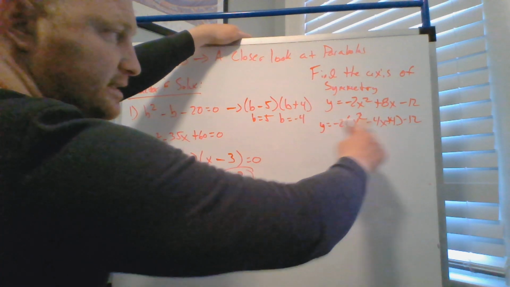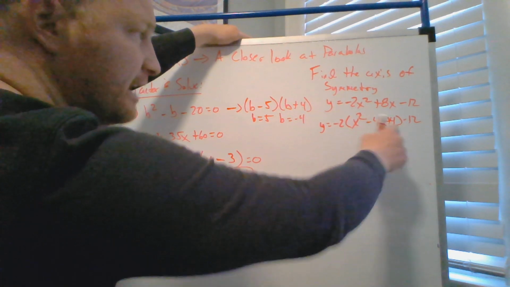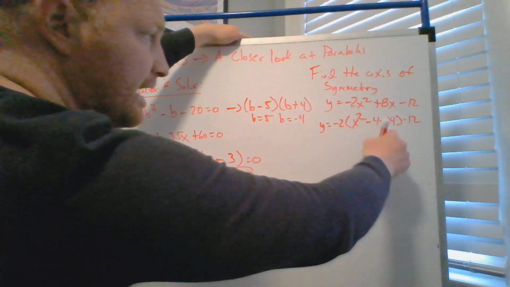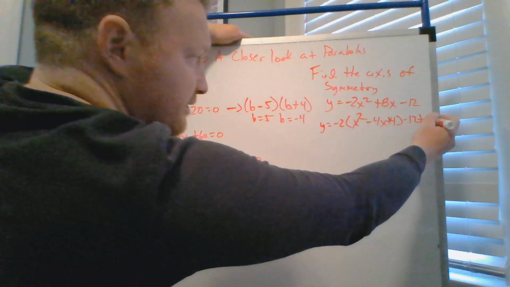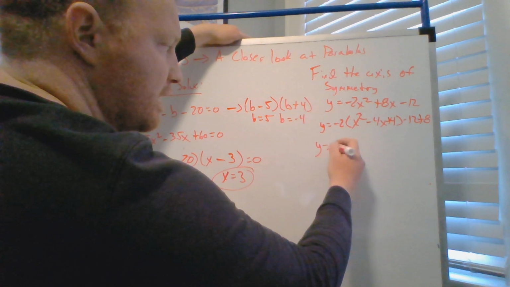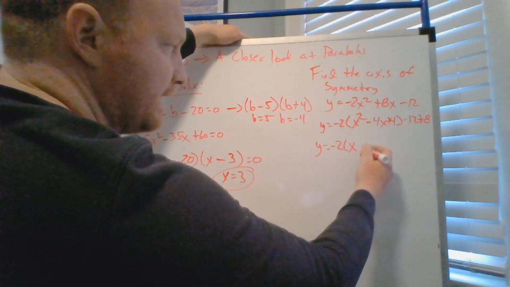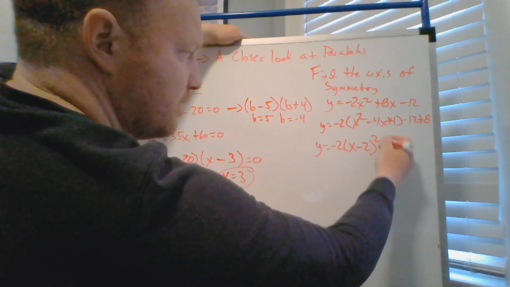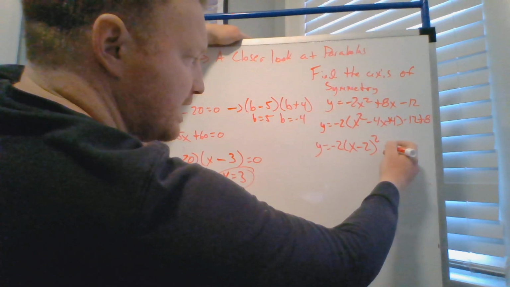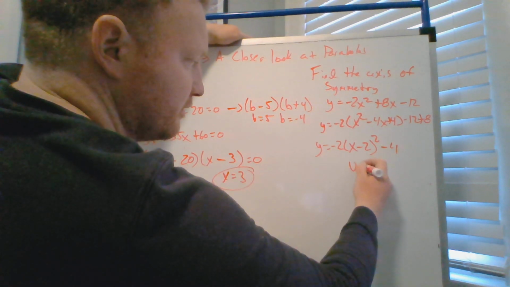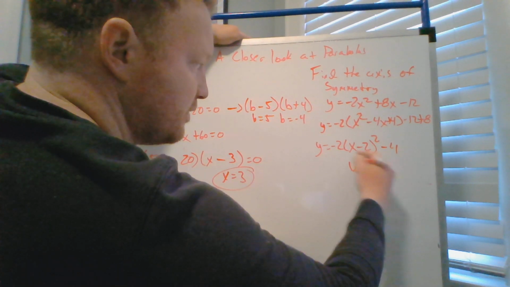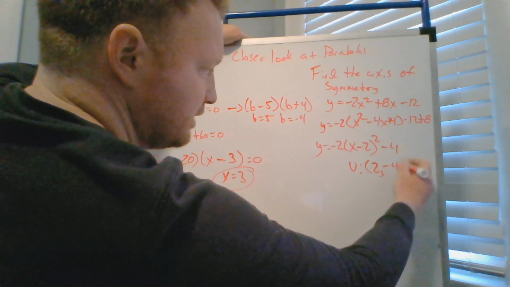I brought in this times this. I brought in really a -8 that wasn't there originally. A -8, now I take out a +8. So now this is y equals -2 times x minus 2 squared. This plus this is -4. So your vertex is going to be +2, -4.